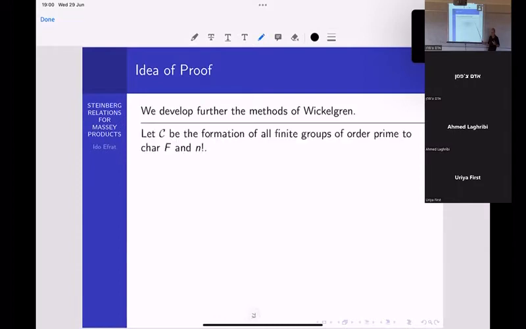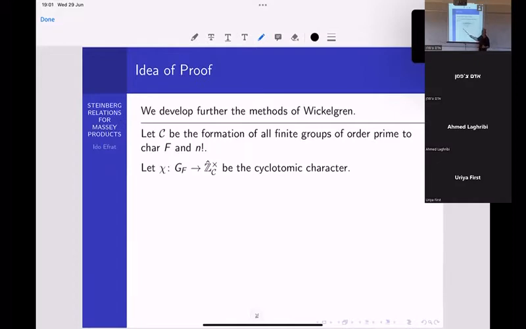Let me denote by C the family of all finite groups of order prime to the characteristic and dividing n factorial. So by our assumptions, Z mod n is such a group. And okay, we can, as usual, speak about pro-C groups.